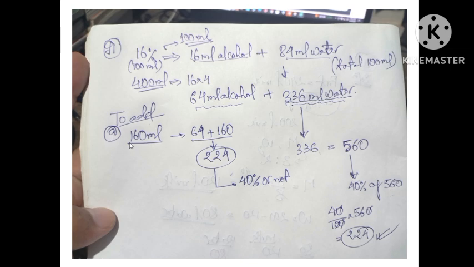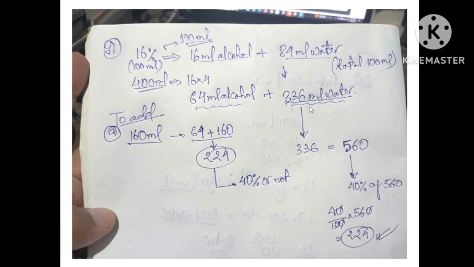If you add 160 to 64, you get 224. So you have to check whether 224 is 40% of 560 or not. Why 560? Because if you add 160 to the original 400, it becomes 560.